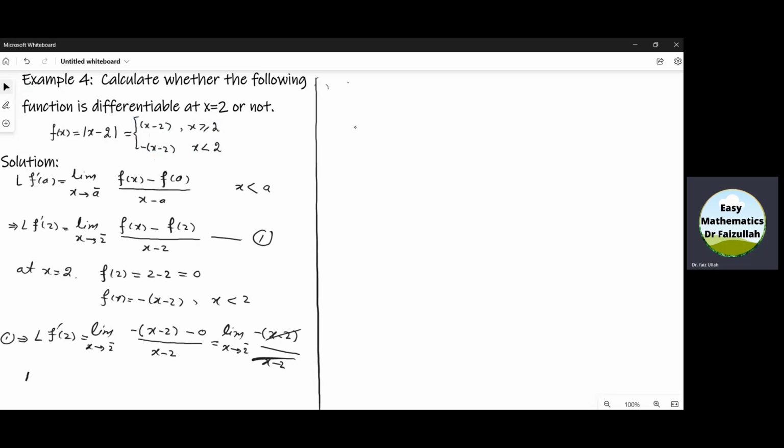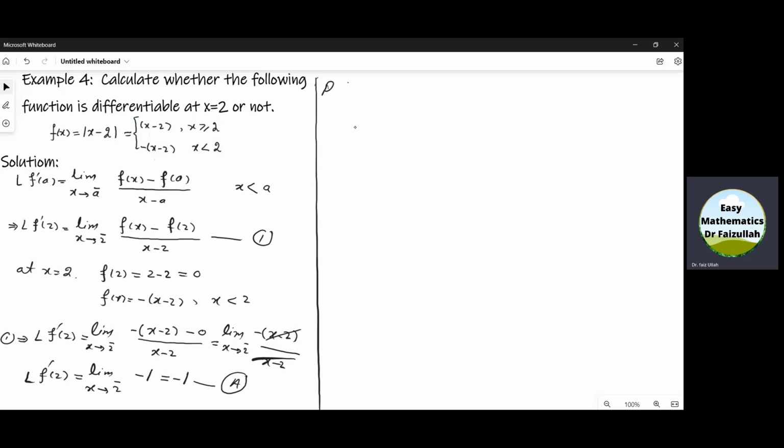So we get L f dash of 2 is equal to the limit as x approaches 2 minus of minus 1. And when we apply the limit, we get the answer minus 1. Let us call this equation A. So L f dash of 2 is equal to minus 1.